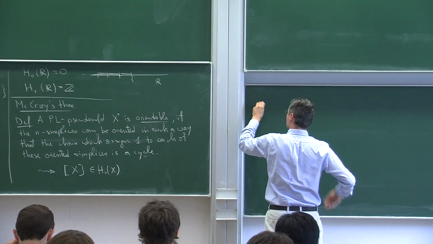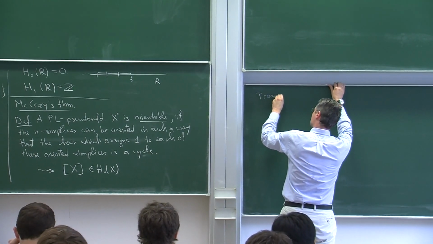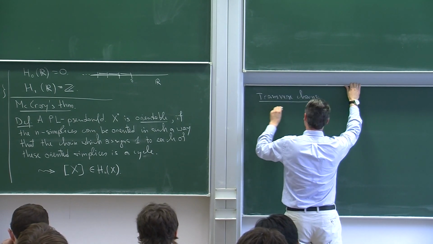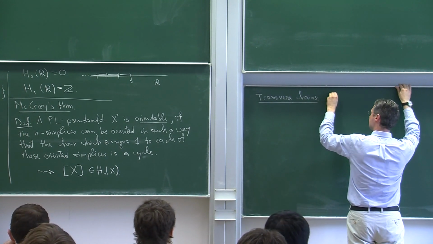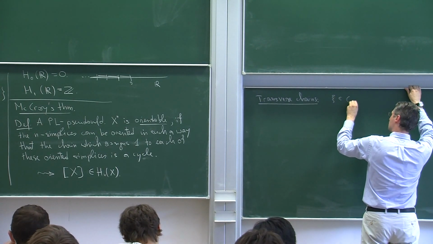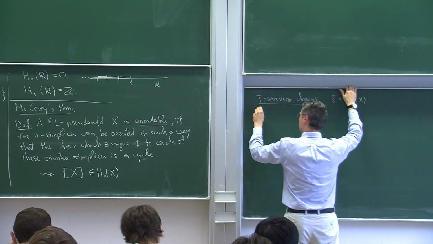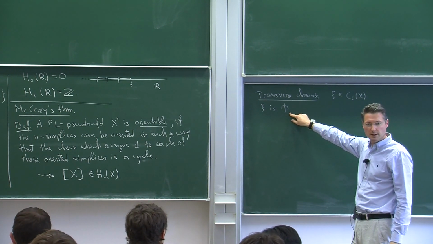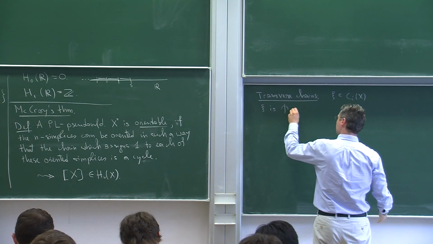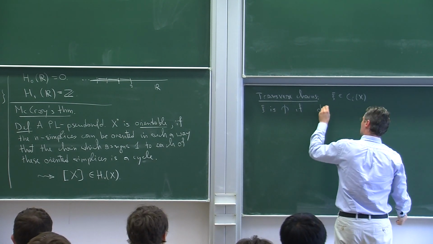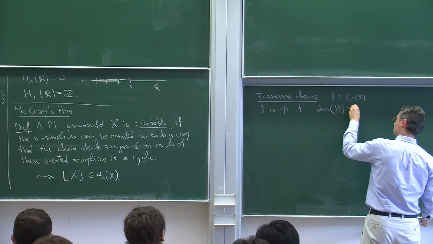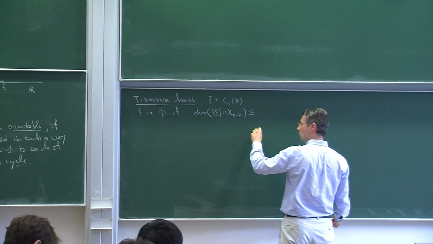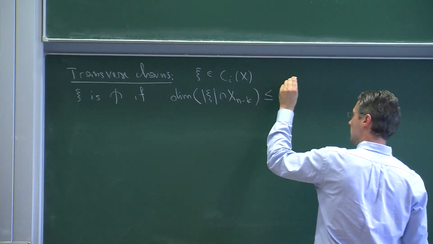Now, let's define transverse chains. If I have a chain xi of dimension i, I say xi is transverse, and perhaps I'll just use this symbol to abbreviate this, the usual symbol for transversality, if I take the support and intersect with a stratum of codimension k, the dimension of that intersection should be no more than i.